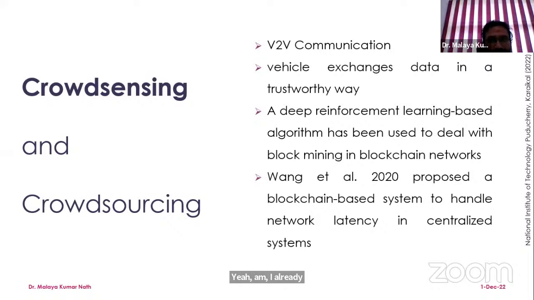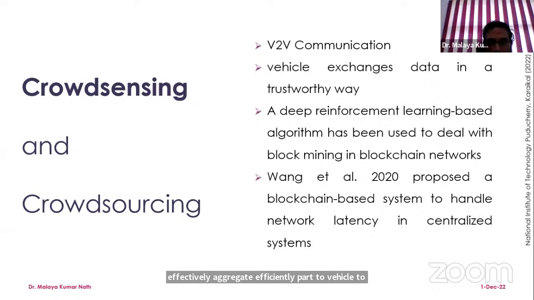Yeah, crowd sensing is a traditional vehicle-to-vehicle communication network in which the privacy of the participating vehicles can be affected by centralized data storage and processing. So the vehicles basically exchange the data in a trustworthy manner with other vehicles. In this case, a deep reinforcement learning algorithm is used with the blockchain network to make communication effective as well as efficient, from vehicle to vehicle as well as vehicle to roadside units.